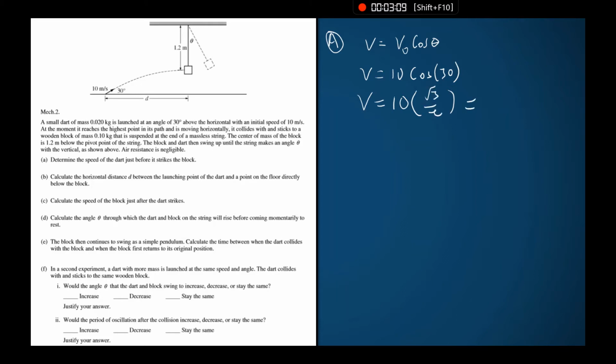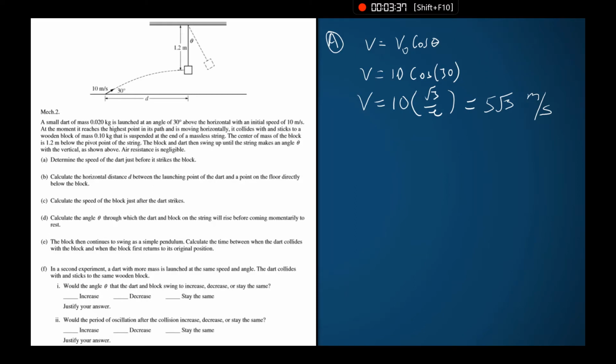So my velocity is a total of... What's our velocity? 5 root 3 units? Meters per second. Okay, perfect. So that's the speed of the object just before it strikes the block.